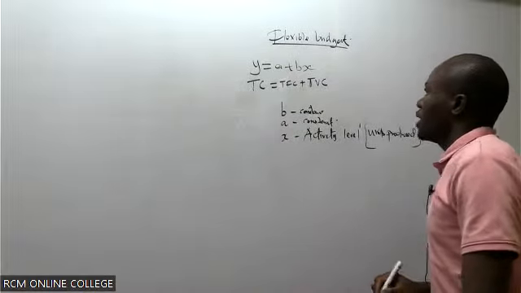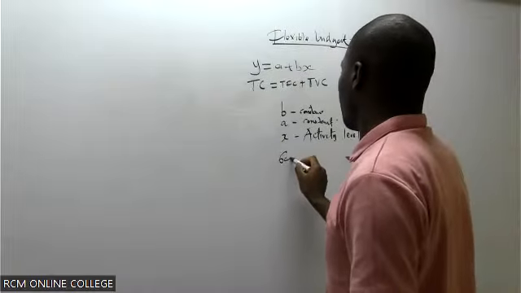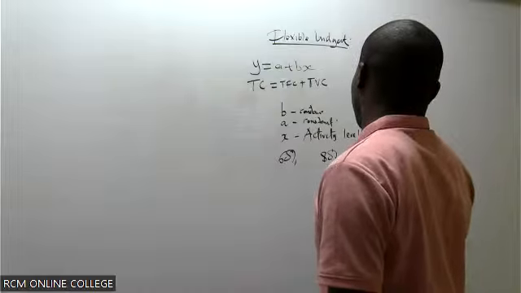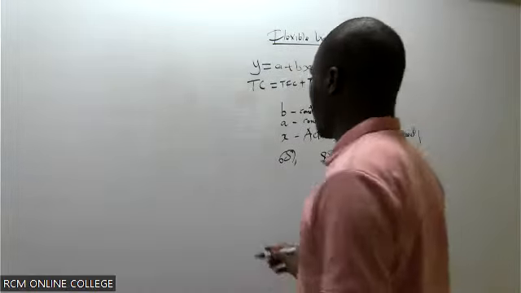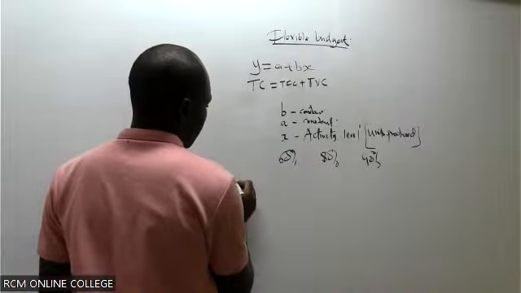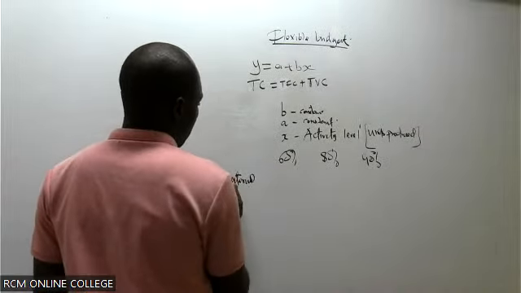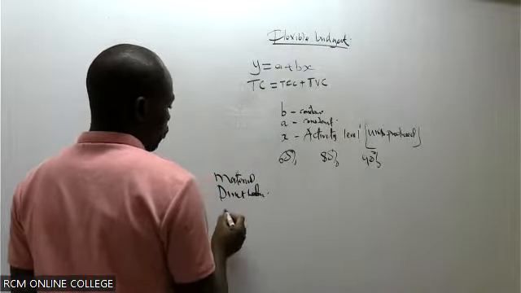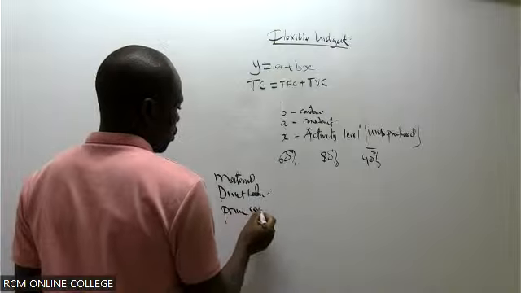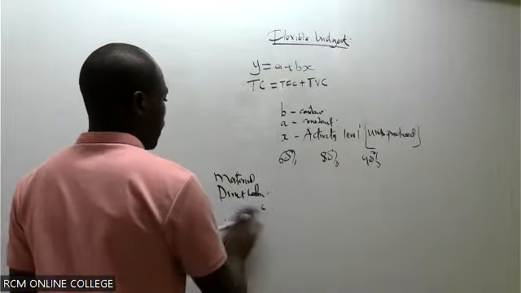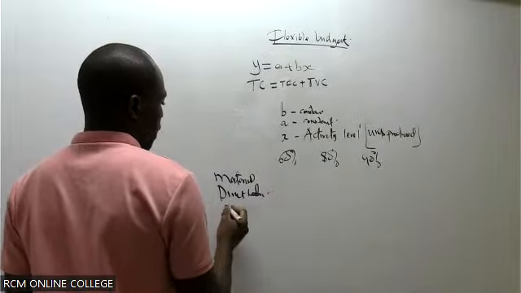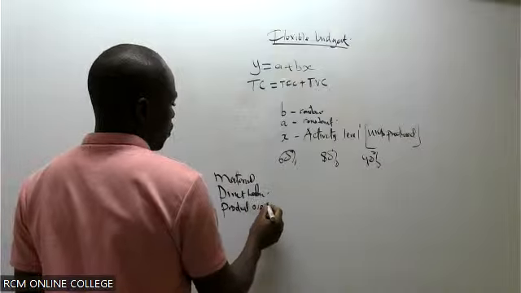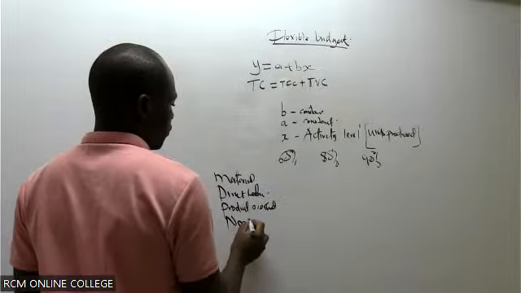So you will see in an exam, the examiner is telling you 60%, 80%, 90%. Then he comes here and tells you direct material, direct labor, then you get prime cost. But they just give you direct material, direct labor, production overheads, then non-production overheads.